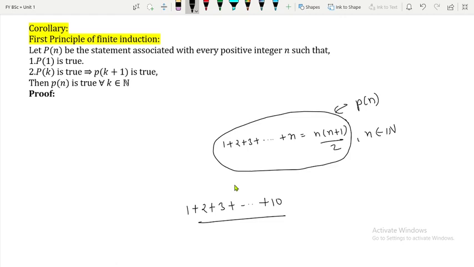It will take plenty of time. So the smart answer is you simply put n is equal to 10 in the above formula, and what are you going to get? 10 plus 1 is what? 11 upon 2. 2 1s are 2, 2 5s are 10, and what is the answer? 55.